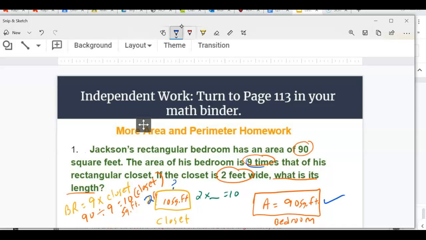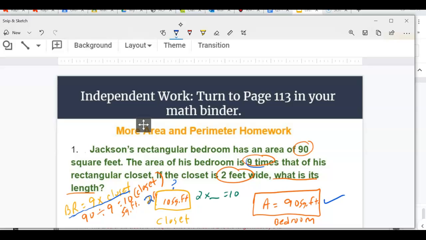We know that the bedroom, and I'm on the left side, the area is 9 times that of the closet, so it is more than the actual closet. So instead of multiplying 9 times another number, we're actually going to divide.